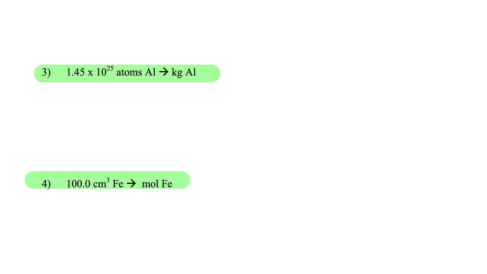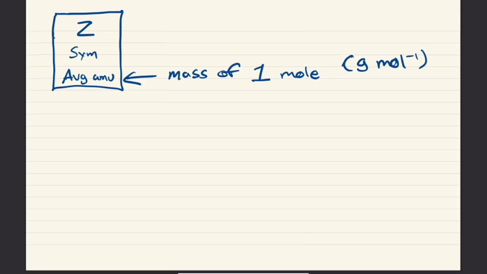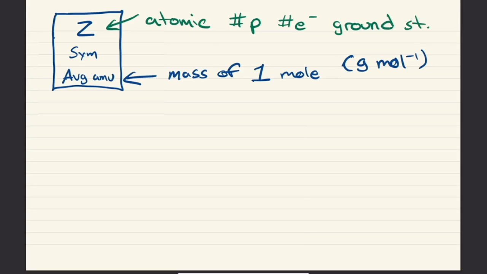When looking at the periodic table, we have to remember that Z, the top number, is the atomic number. That number tells us the number of protons and the number of electrons in the ground state. This is just a little bit of review. The symbol is associated with the name of that given element.